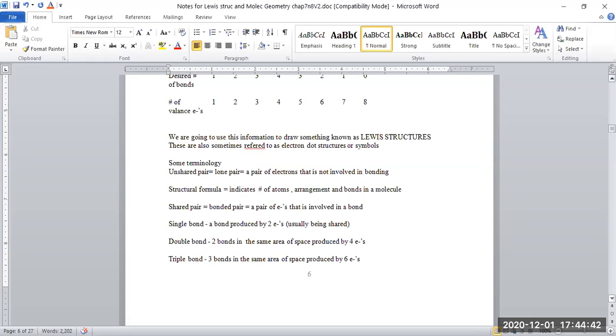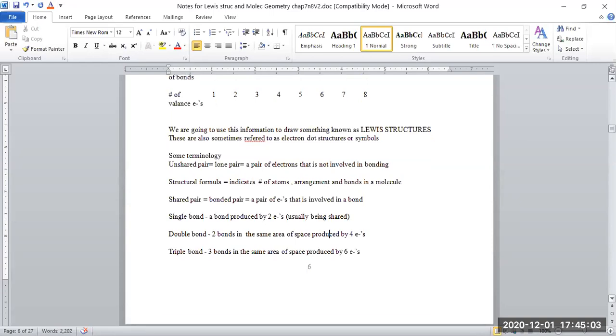There is no such thing as a quadruple bond or a tetrabond. You cannot put 8 electrons between the nuclei of 2 atoms. There is literally not enough 3-dimensional space to make this work. So singles, doubles, and triples, no quadruples.